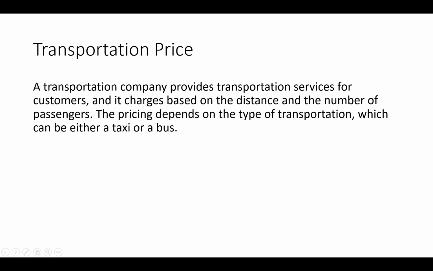Okay, so there's another example here based on transportation, right? A transportation company provides services for customers and charges based on distance and number of passengers. The pricing depends on the type of transportation, which could be either taxi or bus.